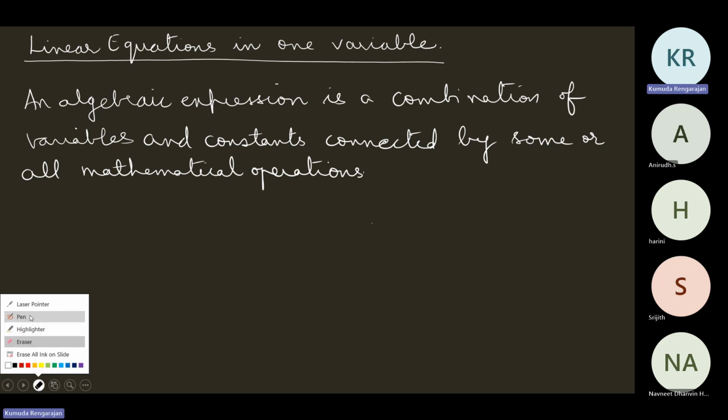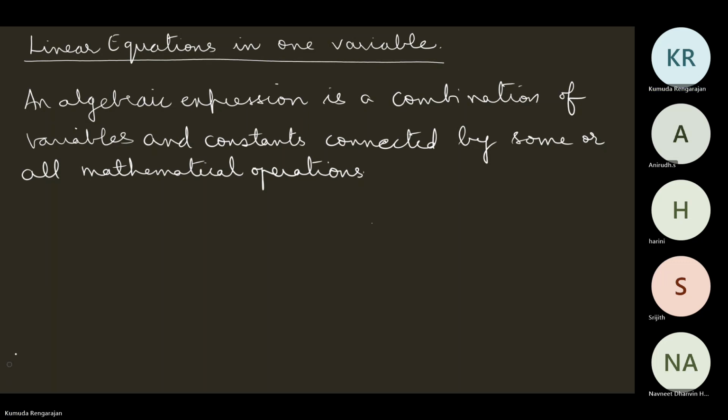We will be dealing with expressions and equations in only one variable. So an algebraic expression is a combination of variables and constants connected by some or all mathematical operations.